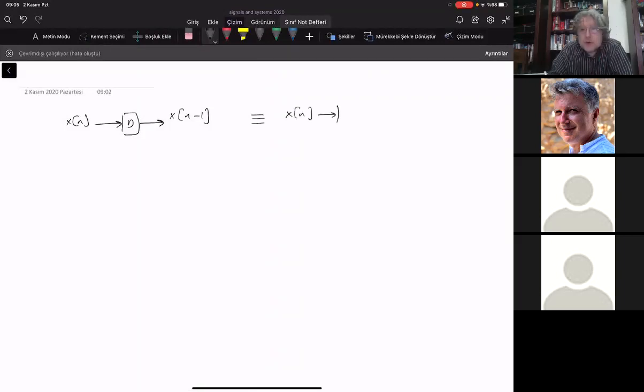Or if you search from the internet, you will occasionally see that the notation that can be used instead of this D as a delay element would be this Z to the minus 1, which is again a delay element. So in a sense, you shouldn't be confused about the notations that you encounter.